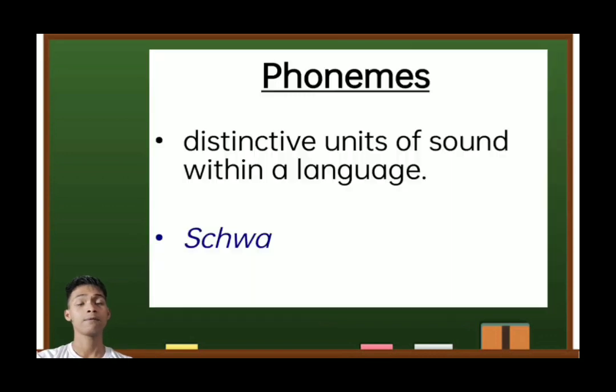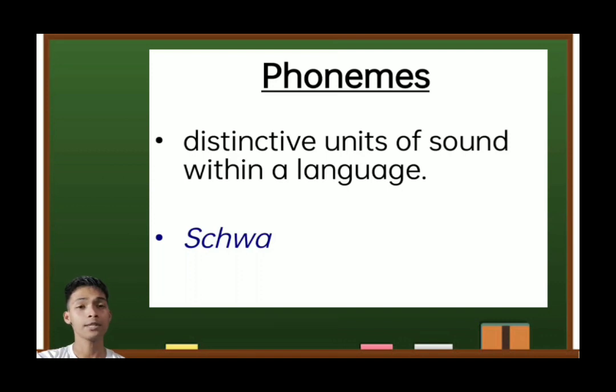Next, we have phonemes. These are the distinctive units of sounds within a language that we combine in different ways to make words. Kadalasan sa atin, we accidentally add an uh sound to the end of the consonant. If the students hear it or gayahin nila, maaaring mag-reflect ito sa kanilang pagbasa at writing test. To prevent this, it is important to produce only the phoneme itself without any additional sounds.